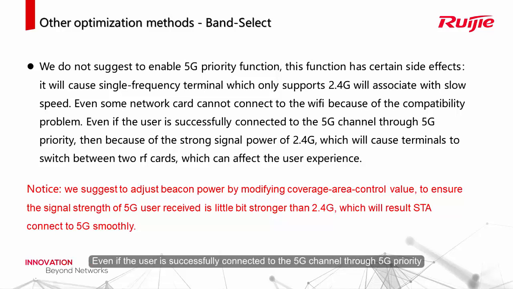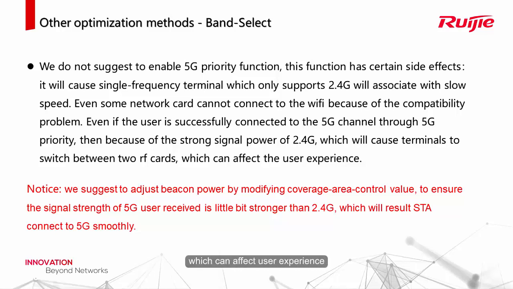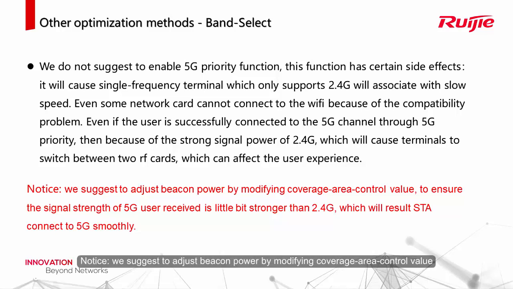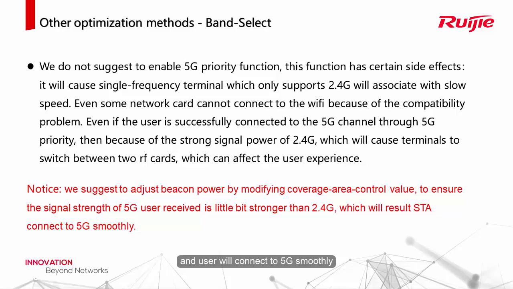Even if the user is successfully connected to the 5G channel through 5G priority, because of the strong signal power of 2.4G, terminals may switch between two interface cards, which can affect the user experience. Notice, we suggest to adjust the beacon power by modifying the coverage area control value to ensure the signal strength the 5G user receives is a little bit stronger than 2.4G, and the user will connect to 5G smoothly.